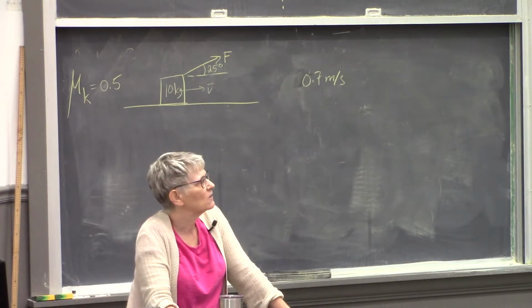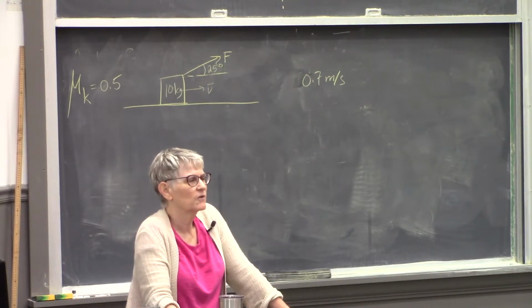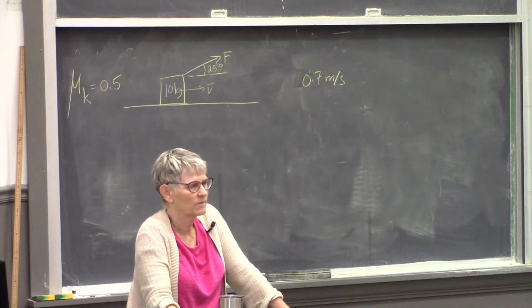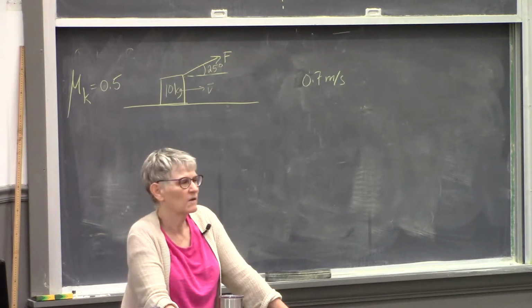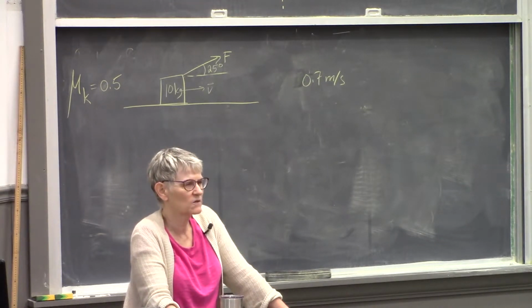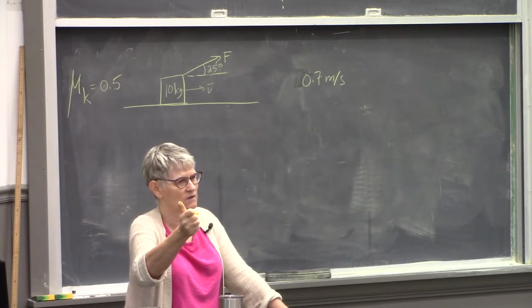So what I want you to try to do, take a minute and draw the free body diagram. Choose the box as the system. And let's draw the free body diagram for the box as the system, which means you have to identify all the objects in the surroundings that it's interacting with.